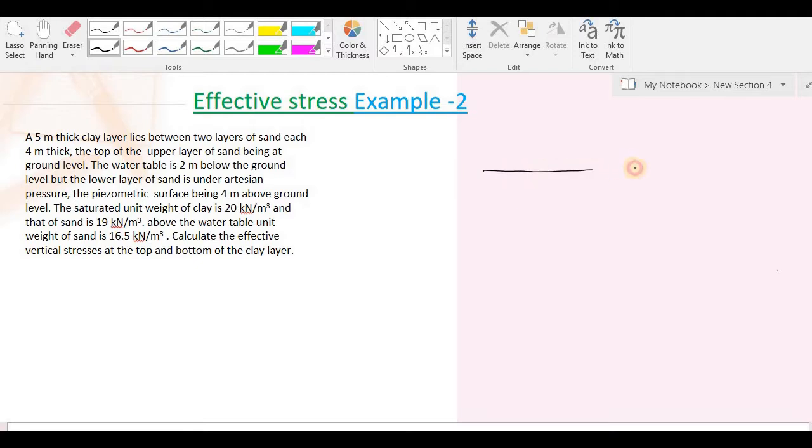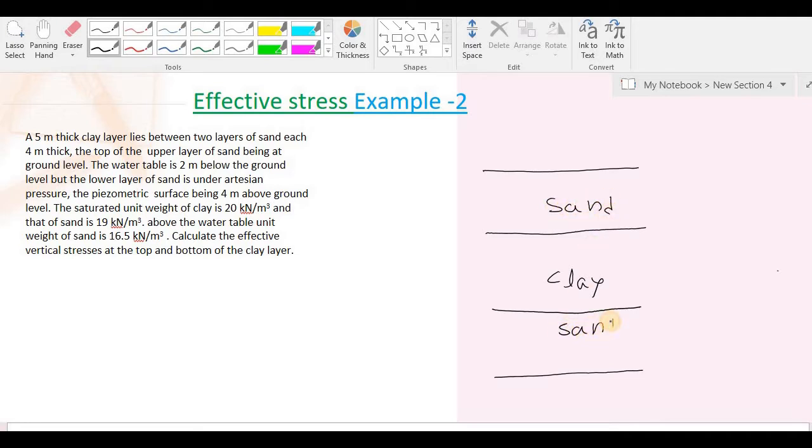So there are 3 layers: clay, sand, and sand. Next, the top of the upper layer of sand being at ground level. So it means that here is ground level.